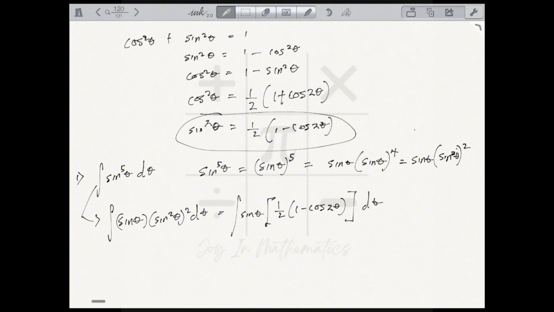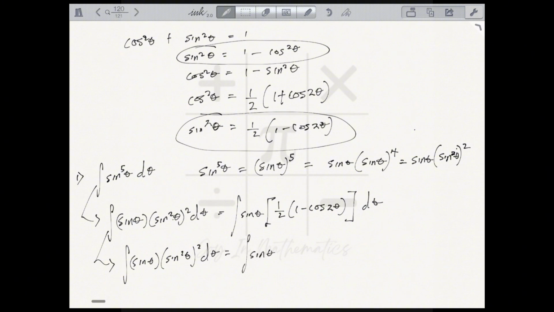However, what if we make our substitution of sine squared theta to be in terms of 1 minus cos squared theta? So this will become the integral of sine theta into 1 minus cos squared theta squared d theta.